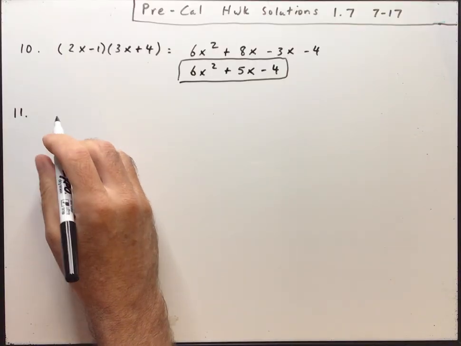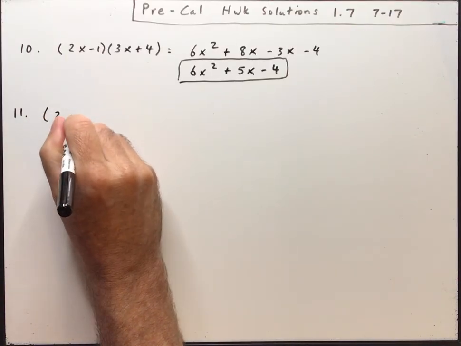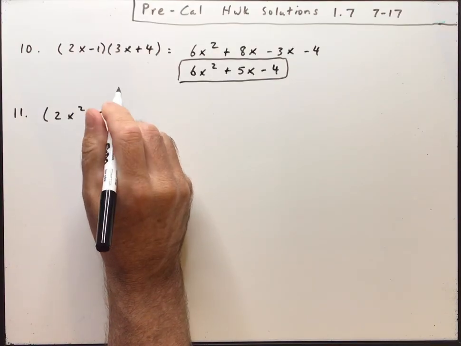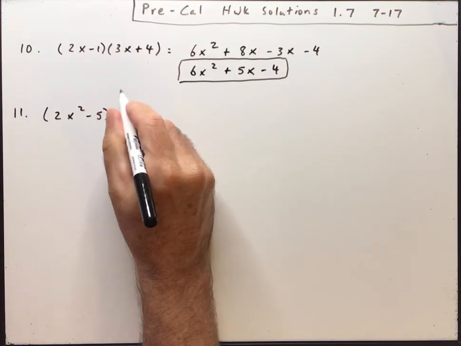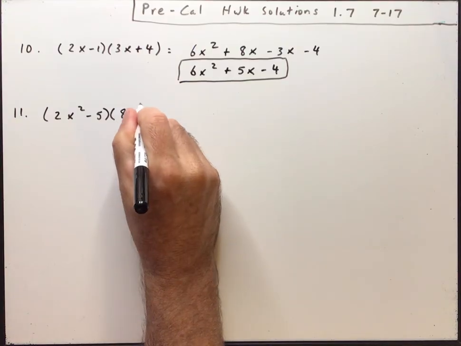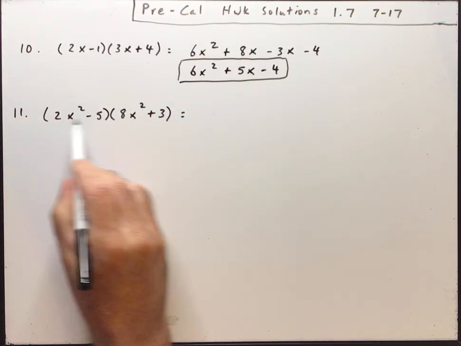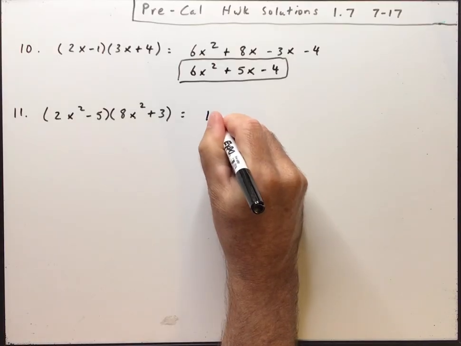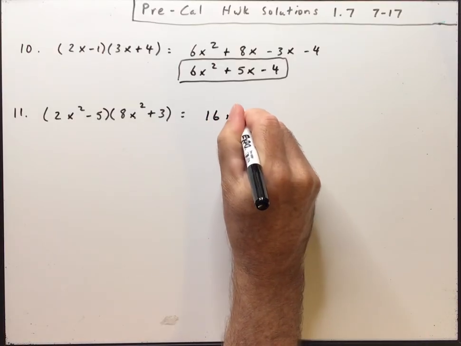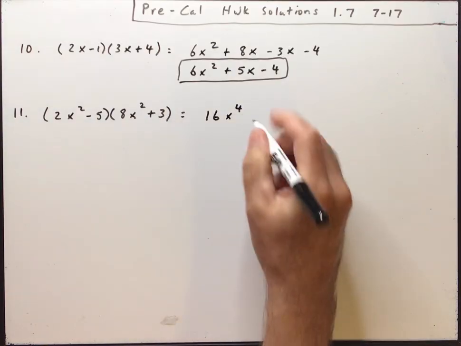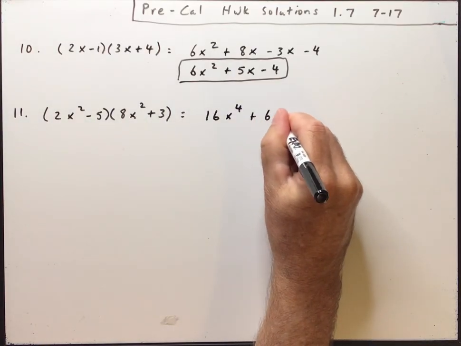All right, number 11. We've got 2x squared minus 5 times 8x squared plus 3. So once again, we will FOIL. The first, 2x squared times 8x squared, would be 16x to the fourth. And the outer term, 2x squared times 3, would be plus 6x squared.